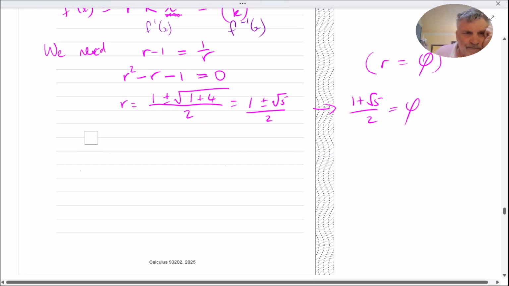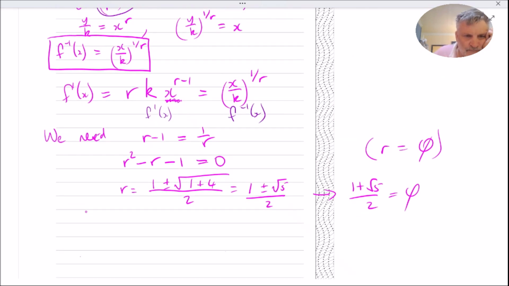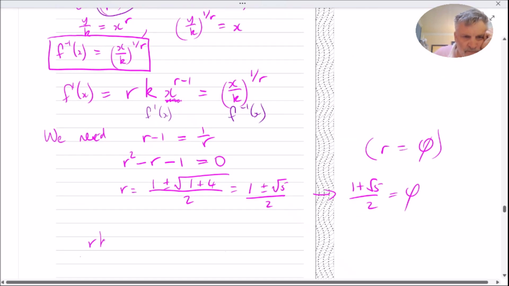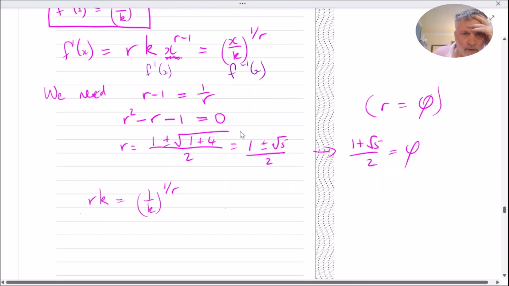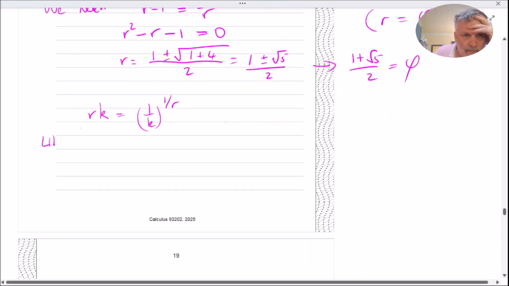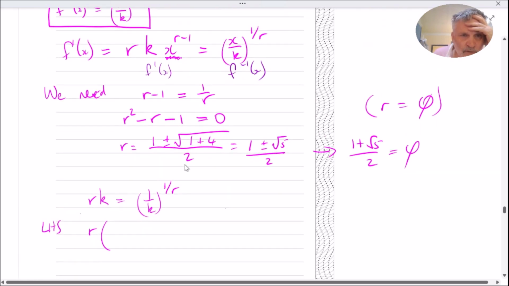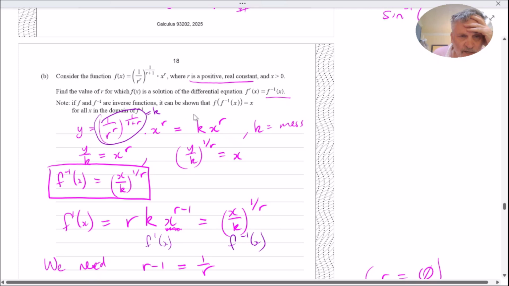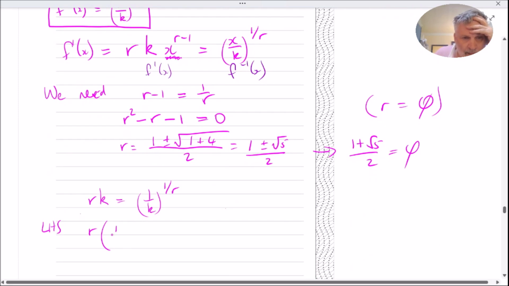And we can check the constant. So we've got r times k is equal to 1 over k to the power of 1 over r. If we take the left-hand side, that's r times r to the power of r. We've got 1 over r to the power of r to the power of 1 over 1 plus r.